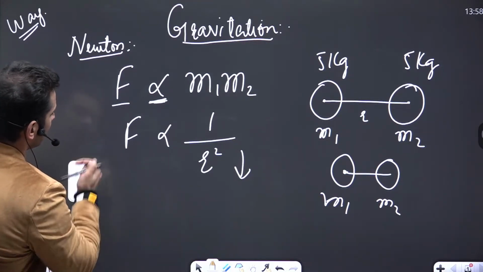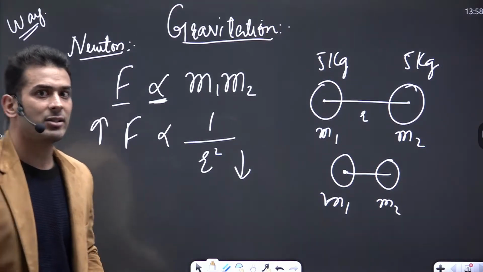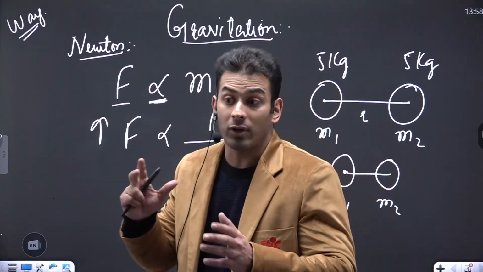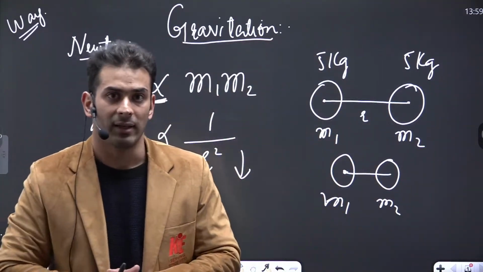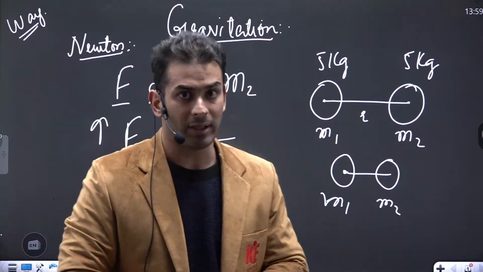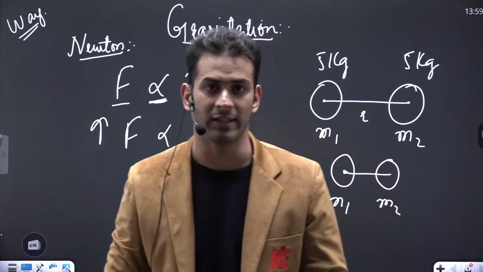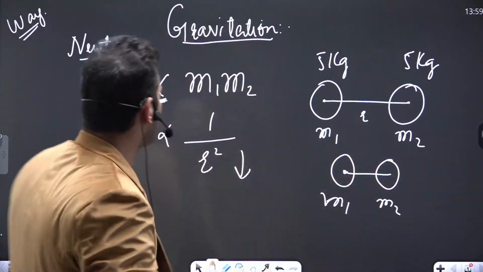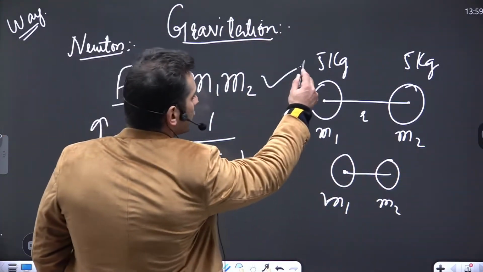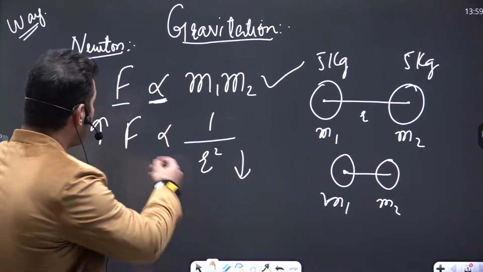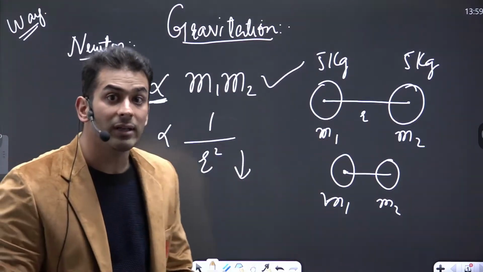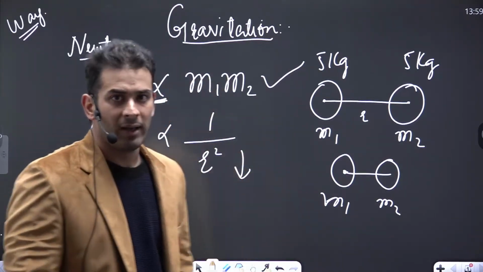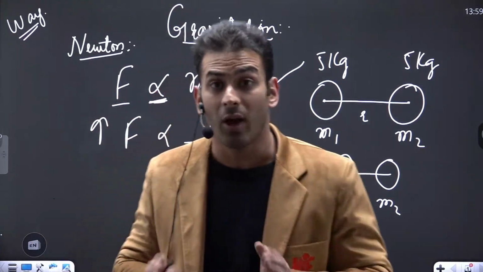That means Newton checked that the force of gravity between two masses is directly proportional to the product of their masses, and whenever the distance is increased, the force gets decreased. It is inversely proportional to the square of their distance. Okay, beta? So Newton concluded with a formula which is called the universal law of gravity.